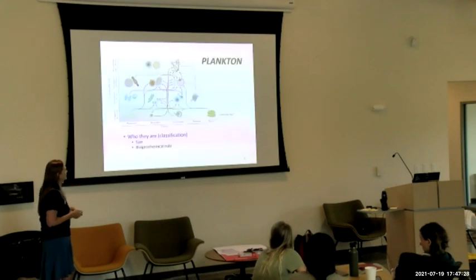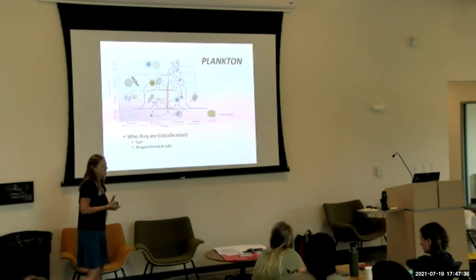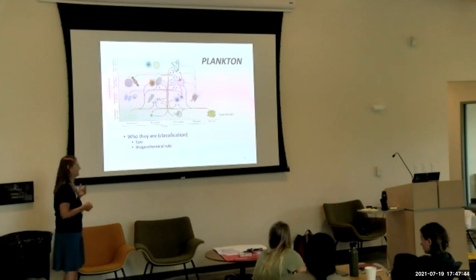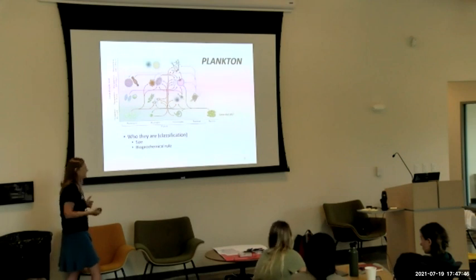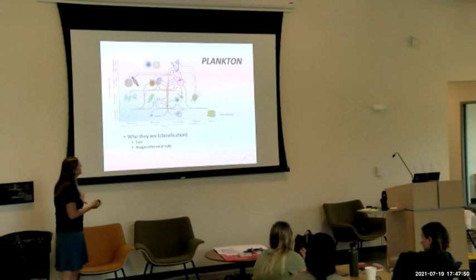All right, so it turns out that if you look at size, we can also begin to look at size as somewhat of an indicator of their classification in terms of how they make a living. Are they phototrophic? Are they heterotrophic? Are they bacteria, or decomposers?